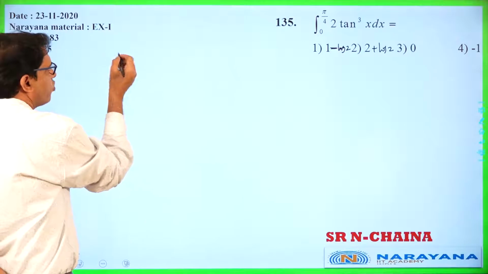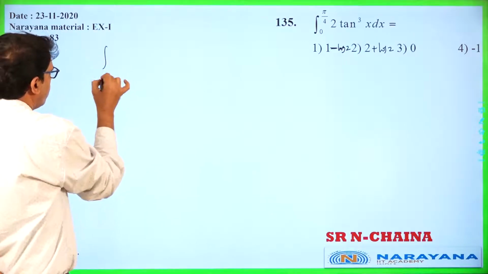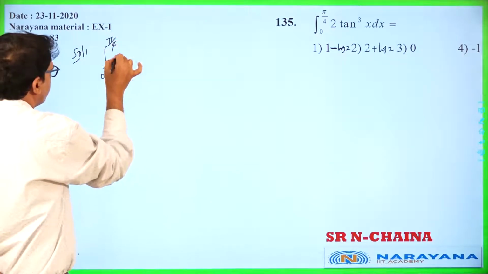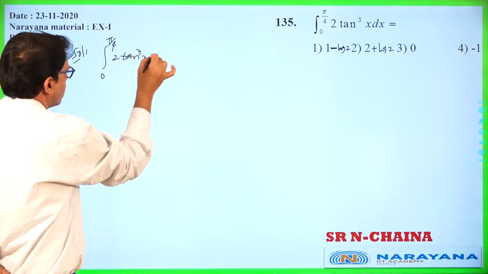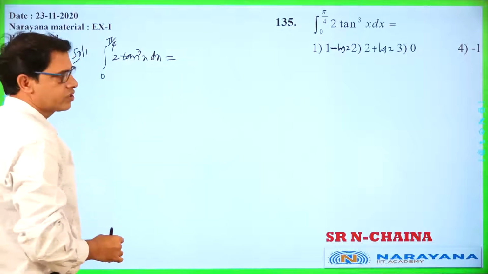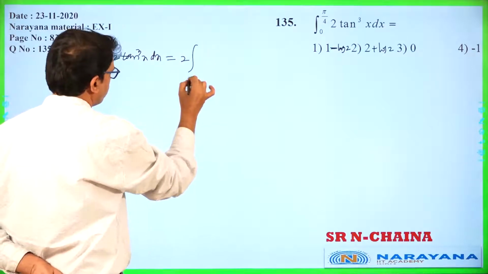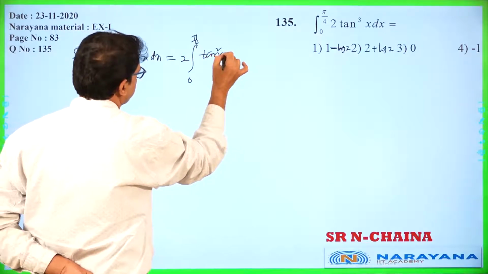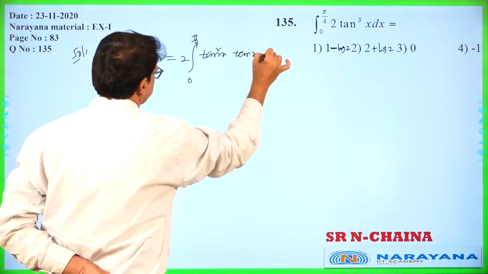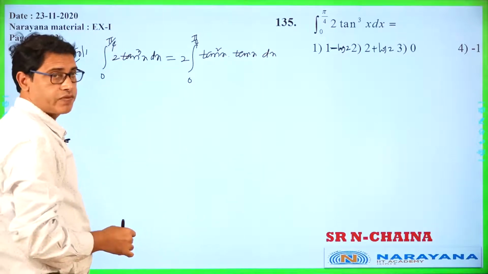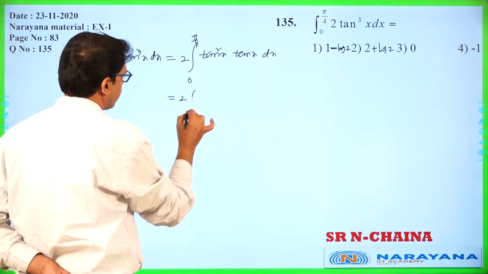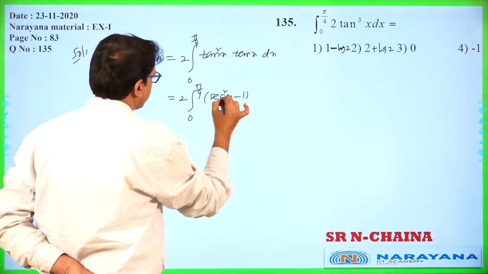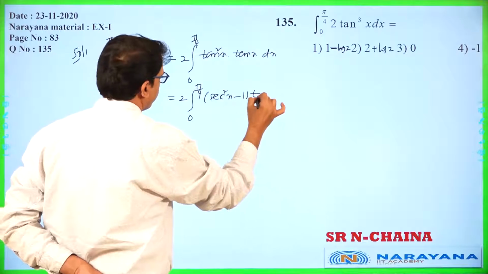So here what I am doing: 0 to pi by 4, 2 tan cube x dx, you can take 2 outside, 0 to pi by 4, write as tan square x into tan x. In the next step, in place of tan square, write secant square x minus 1, into tan x.